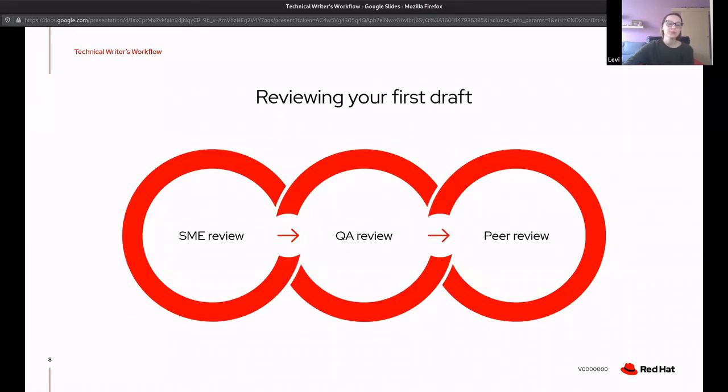After we created, supposedly, our first draft, here at Red Hat, we have to submit it for SME review, QA review, and peer review. Peer review being another technical writer, that poor soul, reading through your documentation and trying to improve on that, which I sometimes feel sorry for the folks who read mine, like Jirja and Katka.